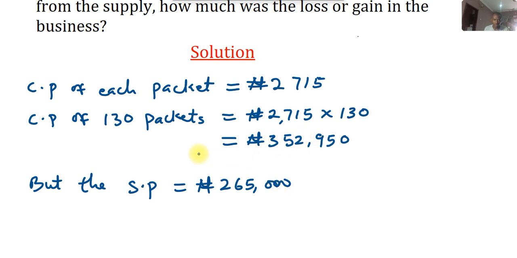So if you compare this with the cost price, that is the amount that it cost him to get all the packets of the tiles, you will realize that this guy had actually made a loss and not a profit. So in this case, we'll be calculating loss and not profit. And according to the formula, loss equals cost price minus selling price.